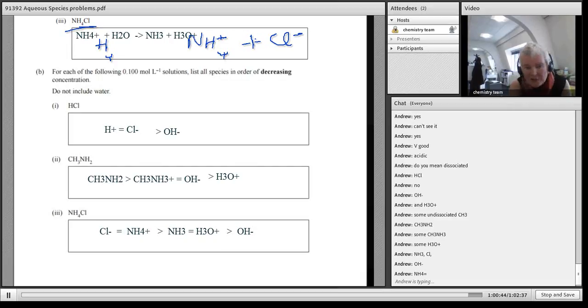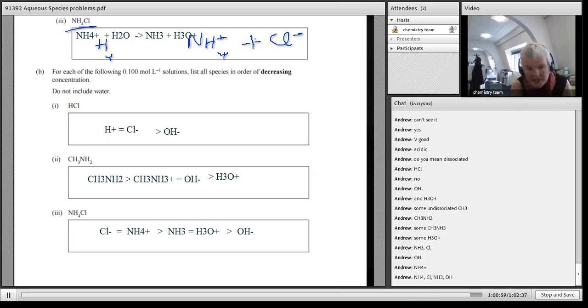Right, so what I've got there is my ammonium chloride's going to break up to form chloride ions and ammonium ions. Then my ammonium ion, a tiny amount, so little that I can actually say the chloride and ammonium is the same, but a tiny amount will react with the water to form ammonia and hydronium ions.